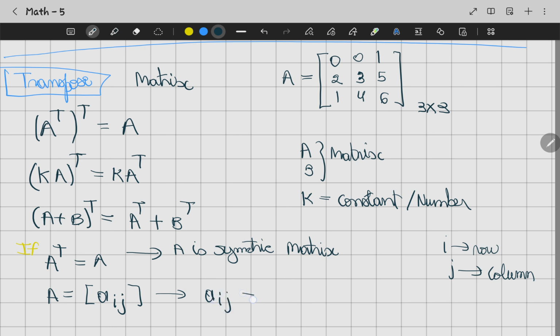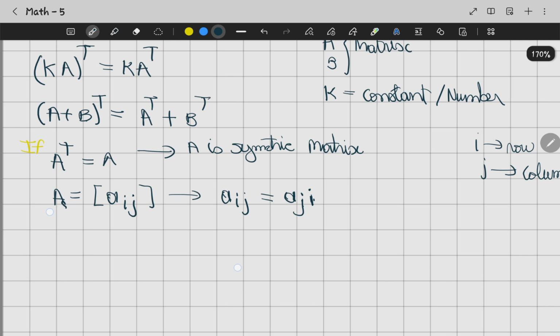We could swap the row and column, so if we swap them, it's still going to be equal to each other. We can take a matrix and just change its position, and we're still going to get that matrix.